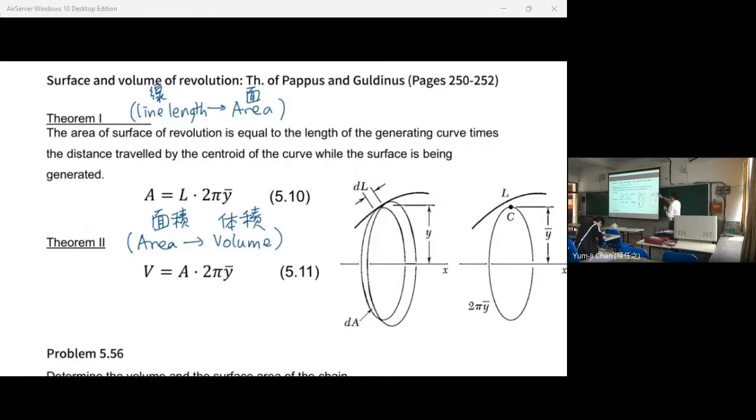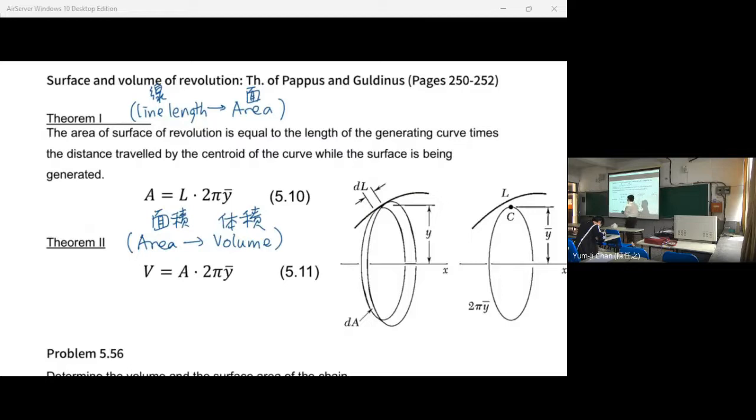So for theorem 1, if we know the length of the line, and then we rotate it about the x-axis, we can know the surface area of the whole shape generated by this line.